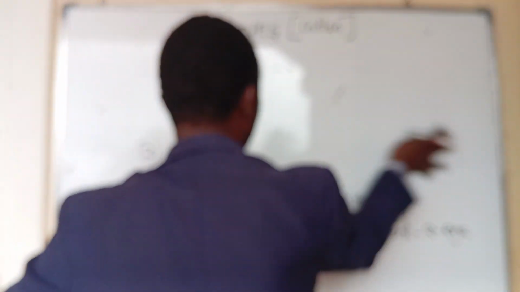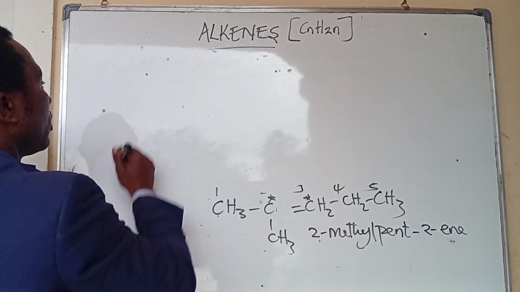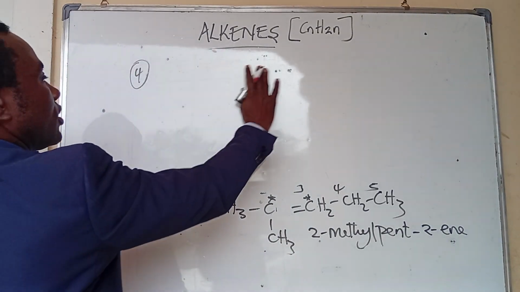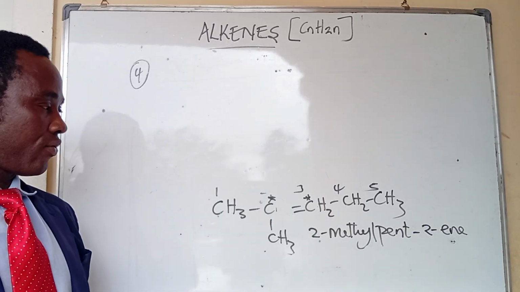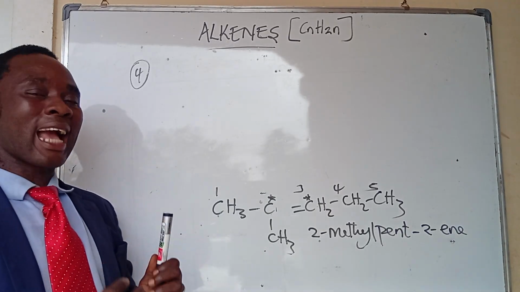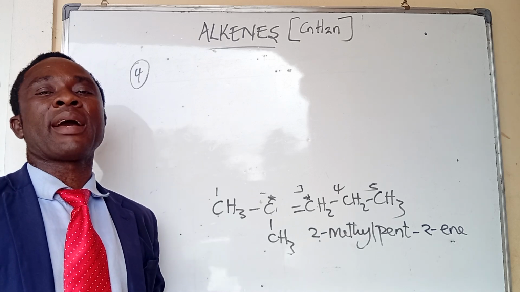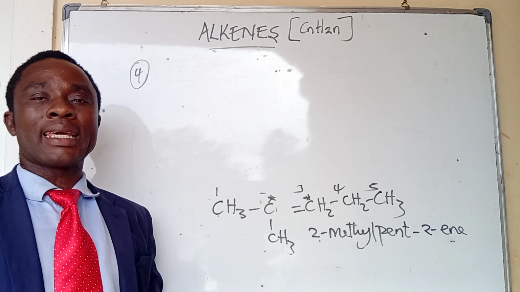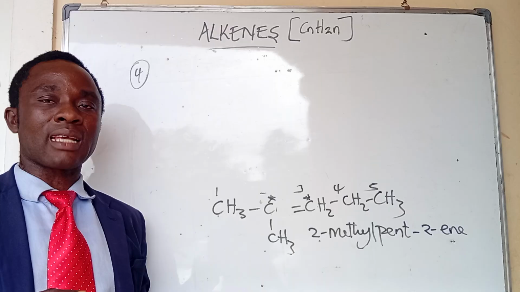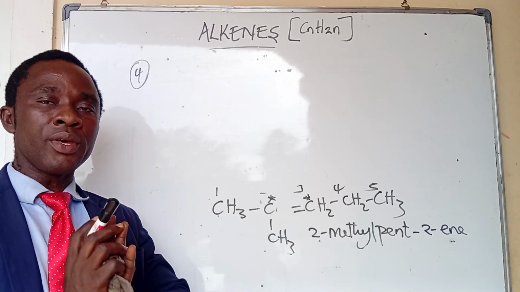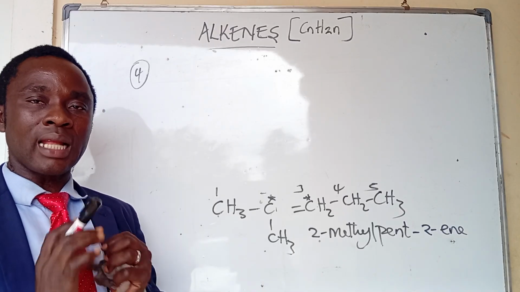Then number 4. Number 4 in the nomenclature is if you have a symmetrical alkene. What we mean by symmetrical alkene is that when you number from either side, the double bond will be at the same carbon from either side.